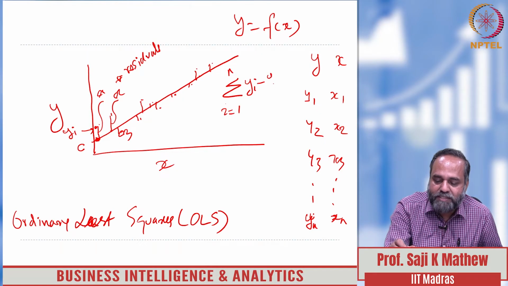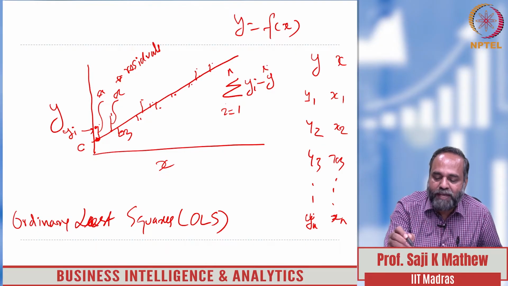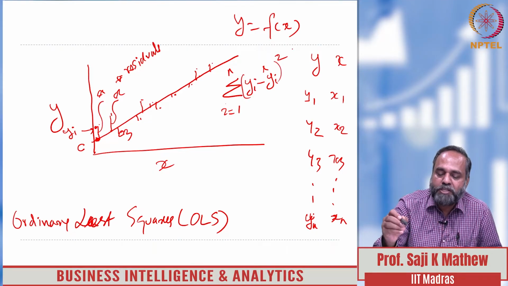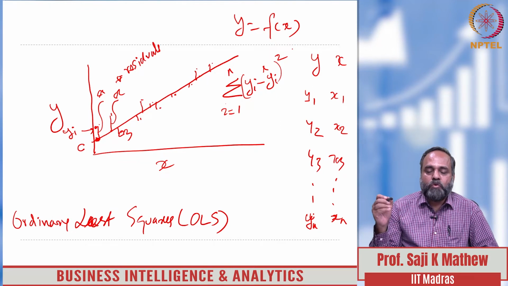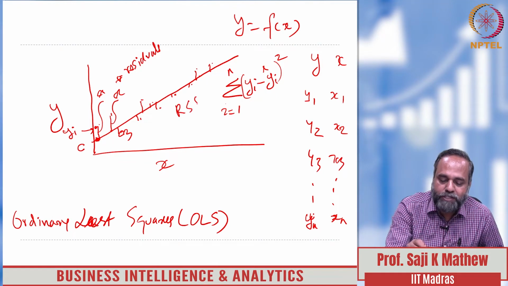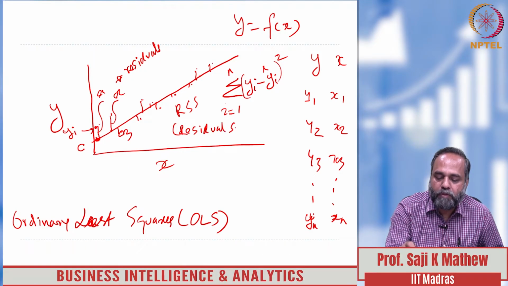That is what the model says is yi. There is a difference; you represent the predicted value as yi cap. That difference, when it is squared and summed for all the points, is the residual sum of squares.